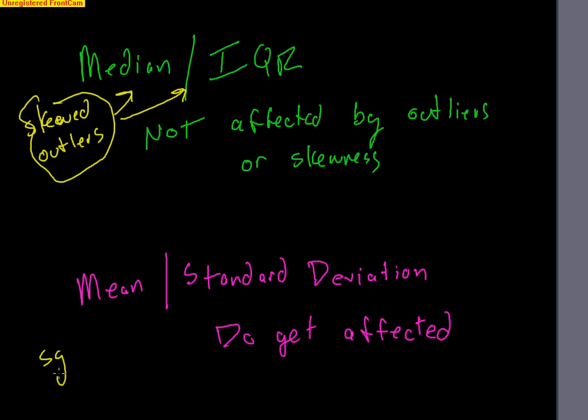If your data is nice and symmetric, mound-shaped, looks really nice, M-O-U-N-D, you want to go with the mean and the standard deviation because you don't have any major outliers or skewness. You have some low values to the left, high values to the right, and everything is nice and symmetric. That's when you use the mean and standard deviation.